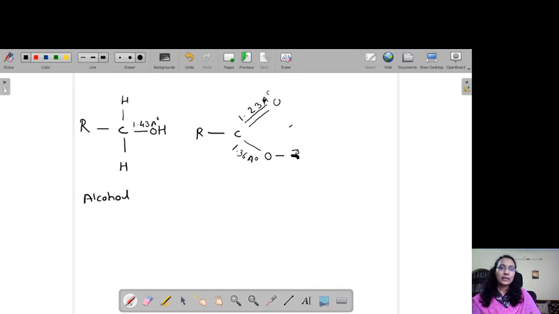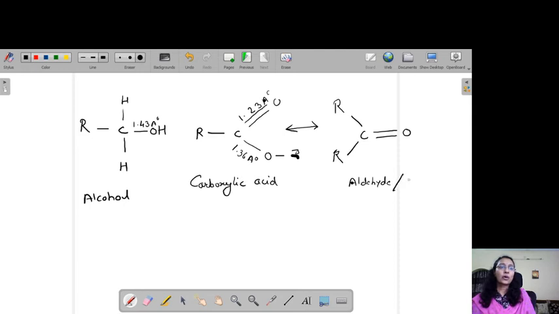This we can compare with aldehyde or ketone, where the carbon oxygen double bond is present. This is any general carboxylic acid, and this is any general aldehyde or ketone.